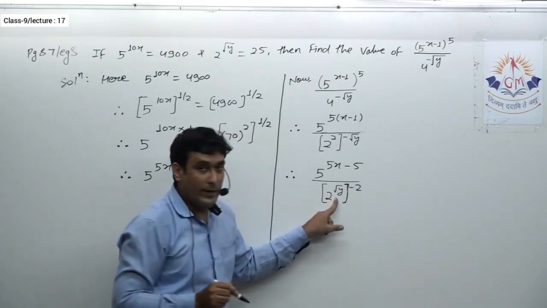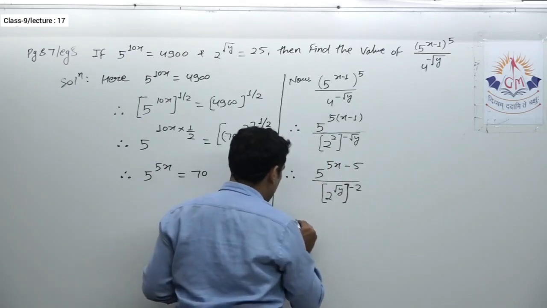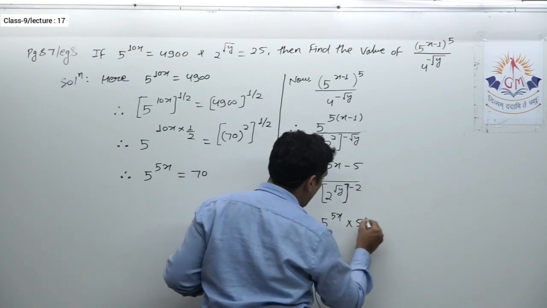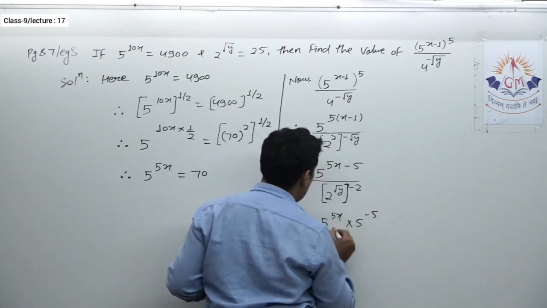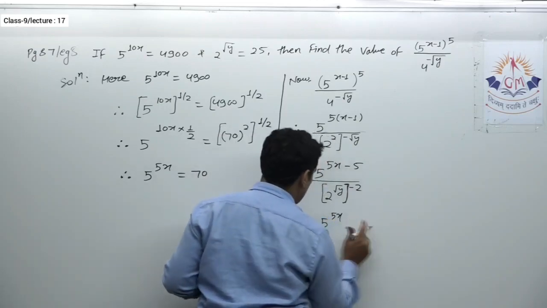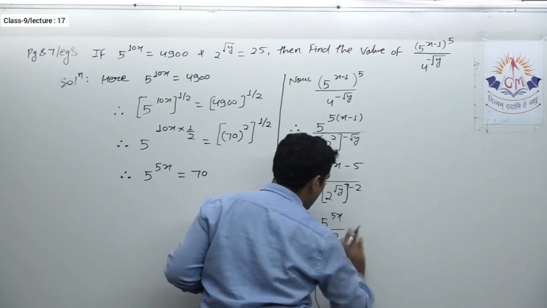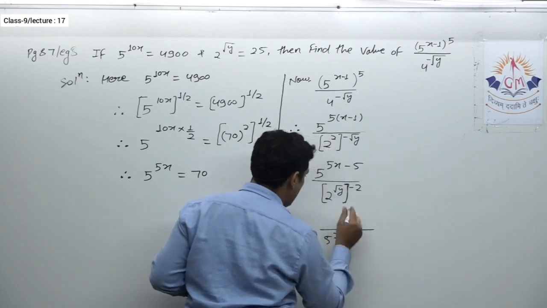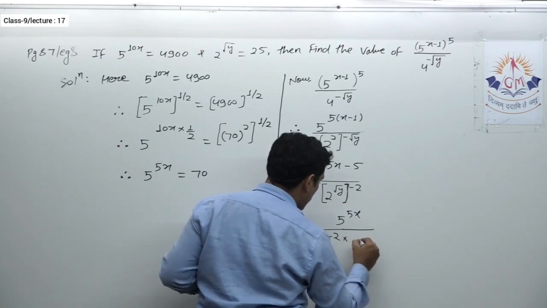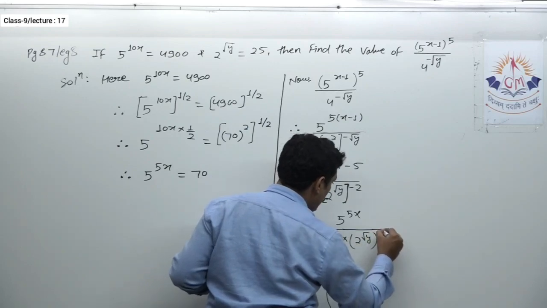Now I have the value of 2 raised to root y directly, and I have the value of this as well, but I need one more step to put these values. Here I can write 5 raised to 5x multiplied by 5 raised to minus 5, or I can take this 5 raised to 5 directly in the denominator by applying the quotient law, multiplied by 2 raised to root y raised to minus 2.